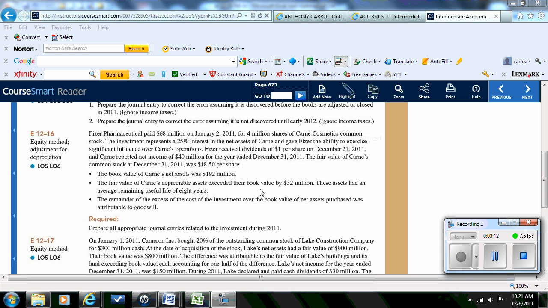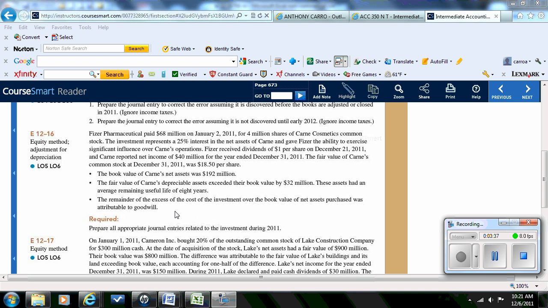Pfizer will have to adjust this because they're actually paying for fair value. So we're going to need to make this adjustment because Carney is maintaining their books, rightfully so, using historical cost, where Pfizer needs to adjust this because they're purchasing these assets at fair value.